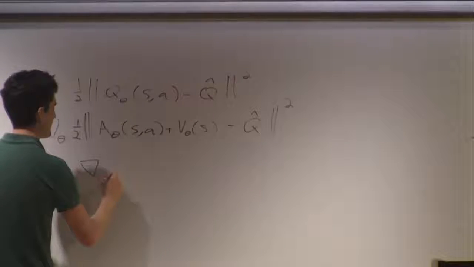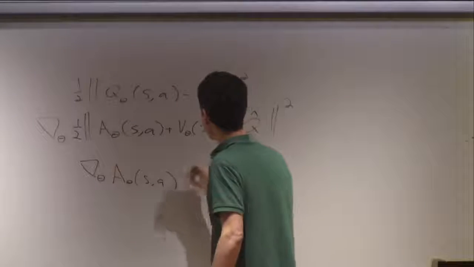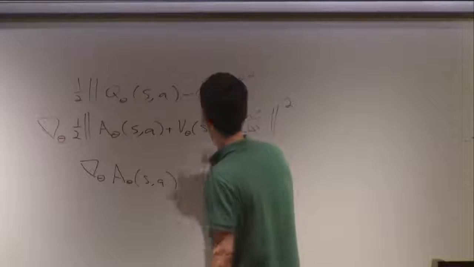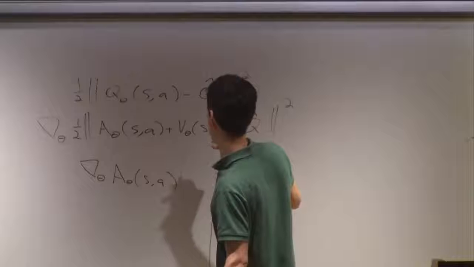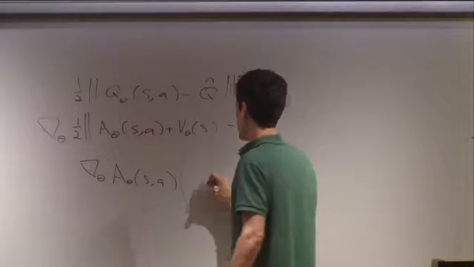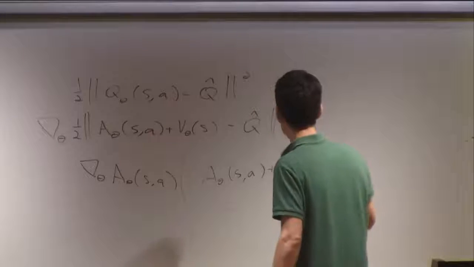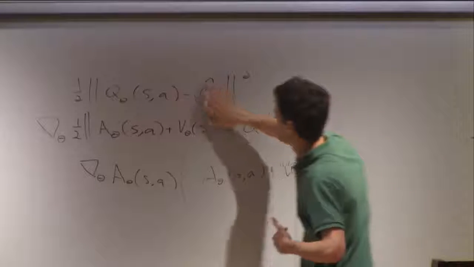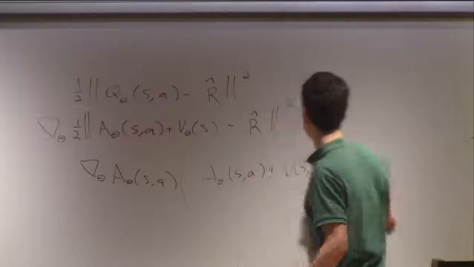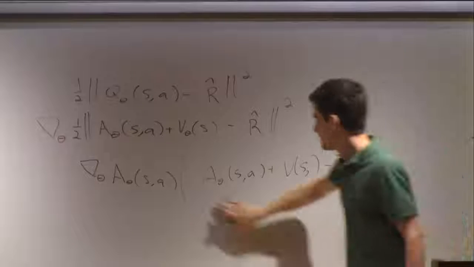So we get the gradient of the advantage function times, well, advantage plus value minus R hat. Actually, let me call this R hat instead of Q hat because this is the returns.